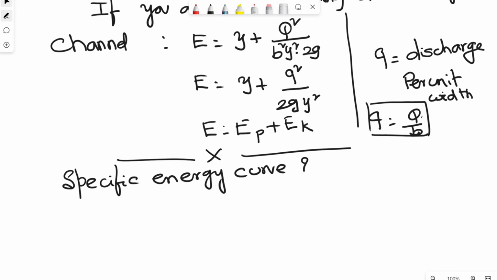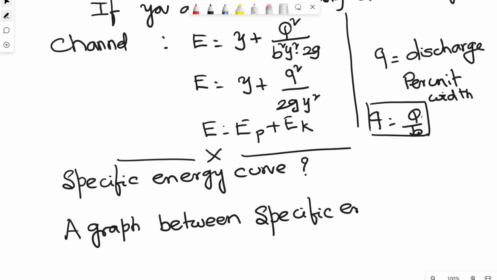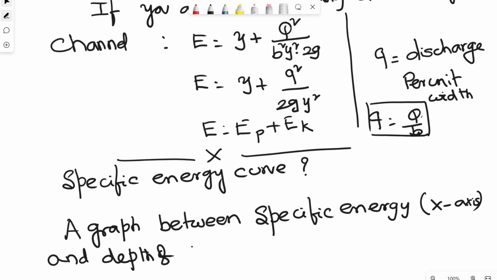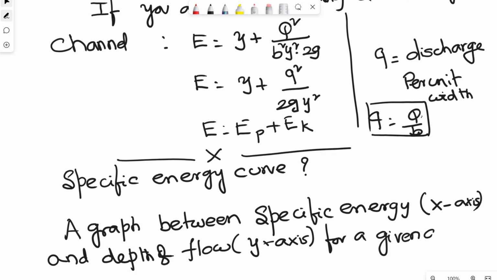What is a specific energy curve? A specific energy curve is nothing but, if you plot a graph between specific energy on the x-axis and depth of flow on the y-axis for a given discharge.